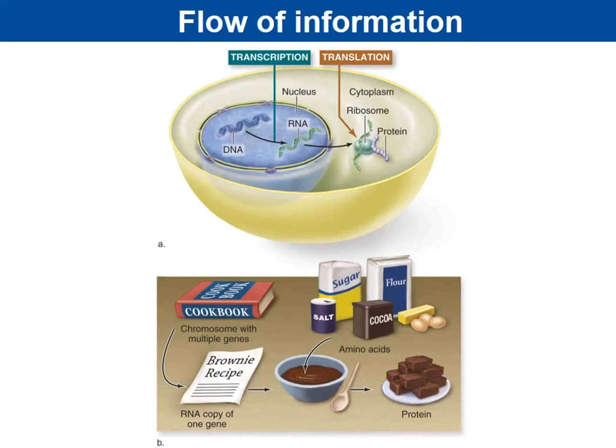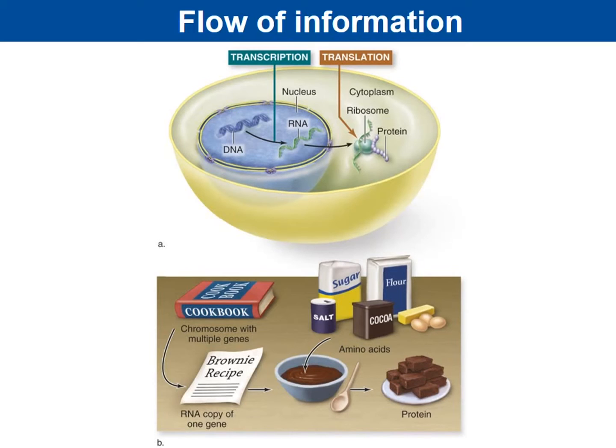So my cookbooks code for what food I make. Now, one cookbook could be like a chromosome with multiple genes on it, and each recipe in that cookbook is like a gene.